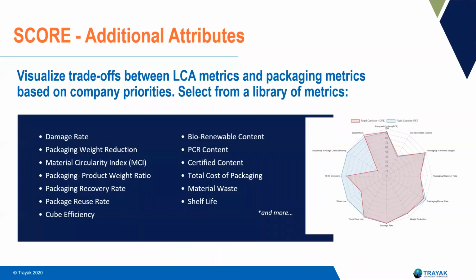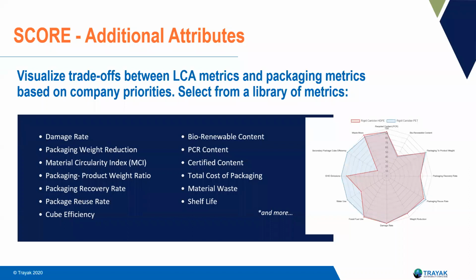Now, when I say comprehensive, this is what I mean. So we take the life cycle indicators that we calculate, that a lot of different LCA softwares calculate, but then we also consider along with that a lot of the typical performance characteristics for packaging. And that could be things like damage rate, could be things like shelf life, could be the cost, because we all know that we really can't make decisions about reducing the impact in a vacuum, right?